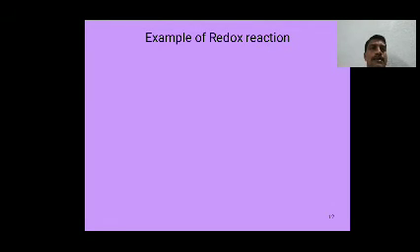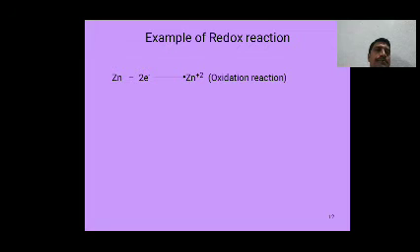Example of a redox reaction. Zinc loses 2 electrons from its valence shell to form Zn plus 2 plus 2 electrons. The zinc metal forms a positively charged particle, Zn plus 2. This reaction is called an oxidation reaction.